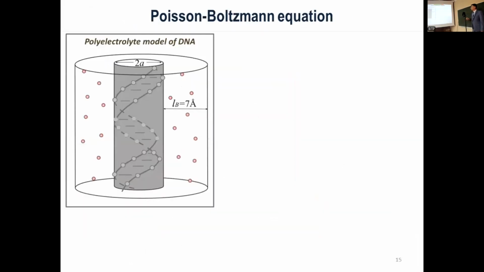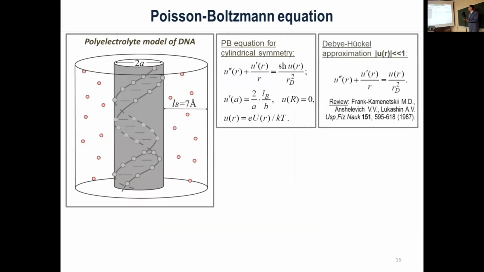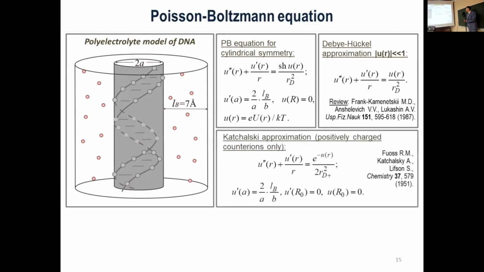And also, of course, we have other models. I won't stop in detail on this model. This is a model where DNA is presented not as a chain of charged beads, but like a charged cylinder. And we can use the Poisson-Boltzmann equation for this and have analytical solutions in the Debye-Hückel approximation, in the Kachalsky approximation.